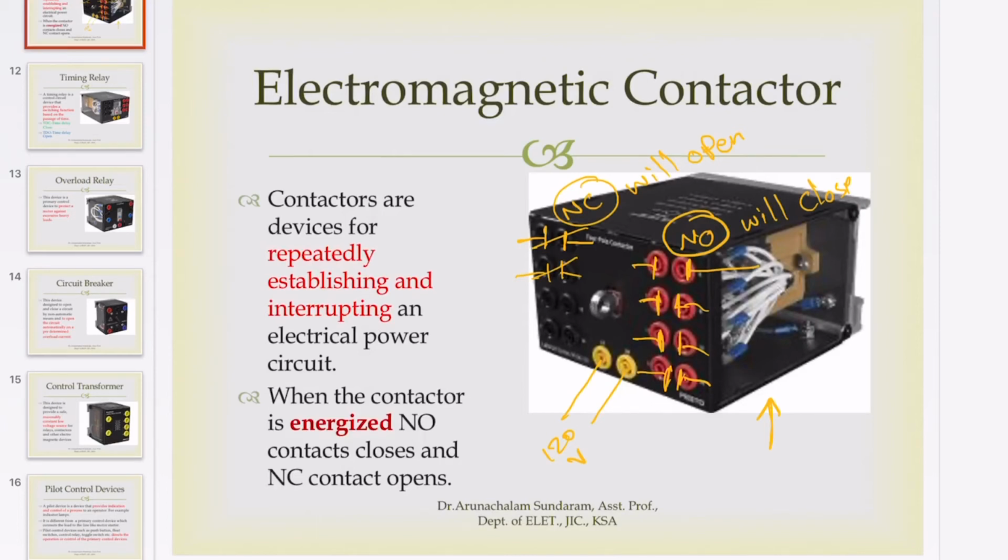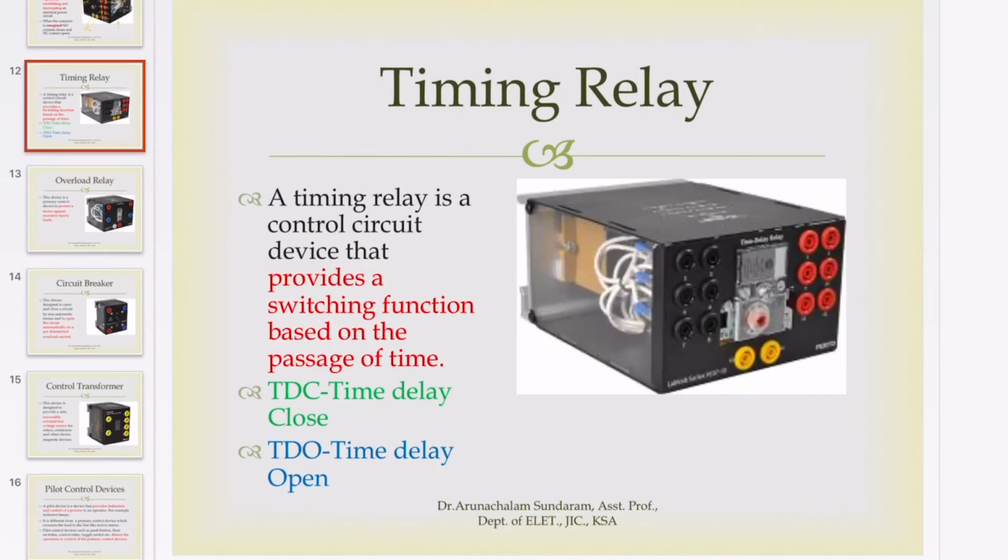Now for the time delay relay. This works almost the same as the contactor, but has an extra feature. When I energize the coil here, 120 volt, I have normally open contacts and normally closed contacts.